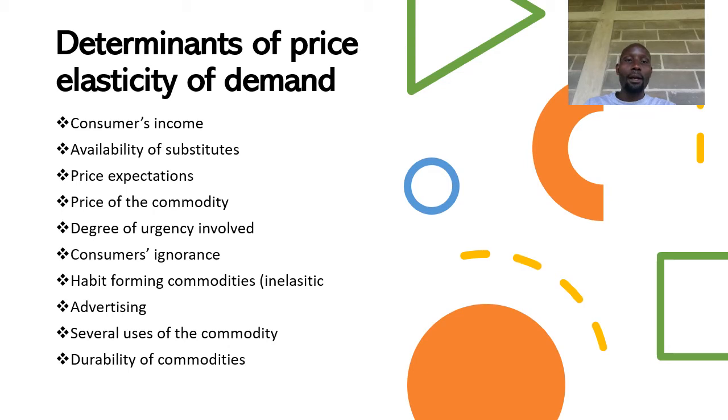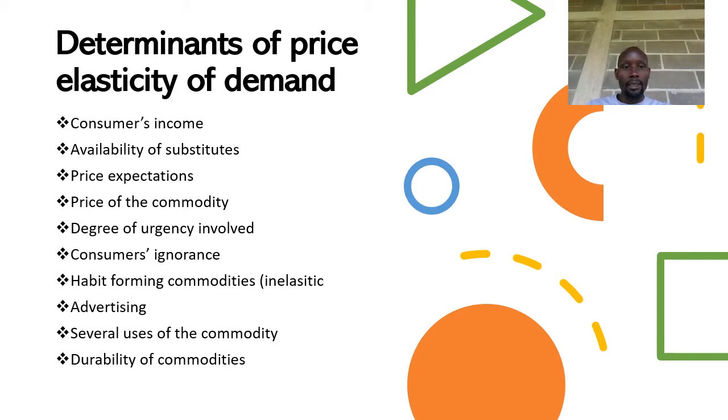So if sellers increased the price of a matchbox from 20 francs to 25 francs, people will still continue buying them because this will not affect them so much. But for expensive commodities, when their prices increase, people will have to reduce their demand by a big percentage because it will be taking a big percentage of their income.